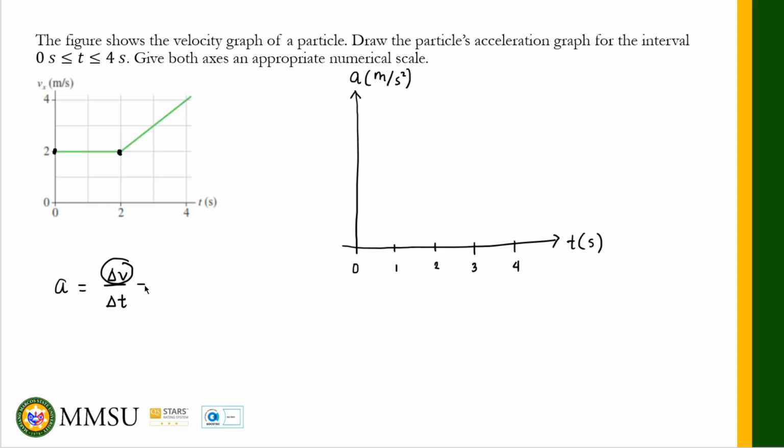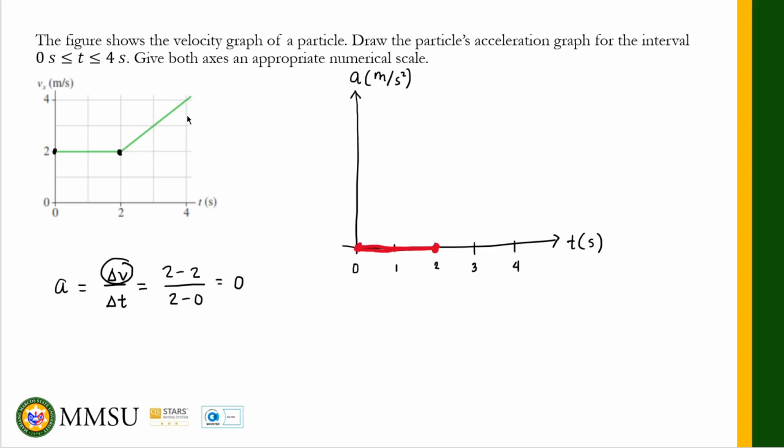So the change in velocity is 2 minus 2, which is 0, because the velocity does not change. That means that the acceleration from 0 seconds to 2 seconds is 0. I'm going to use another color for the graph. We have red. So from 0 seconds to 2 seconds, the acceleration is 0.